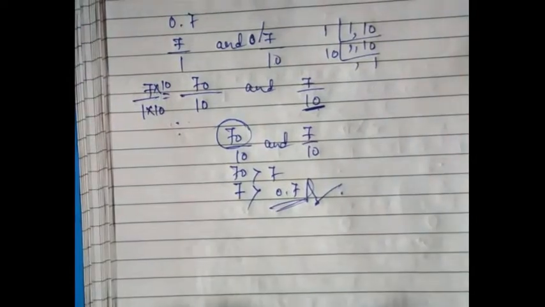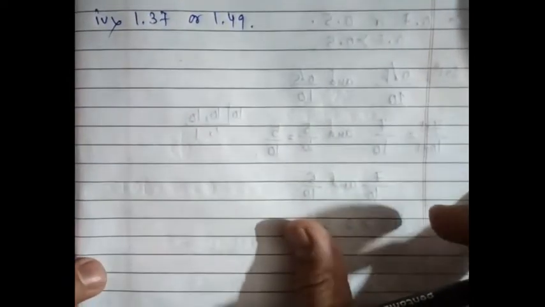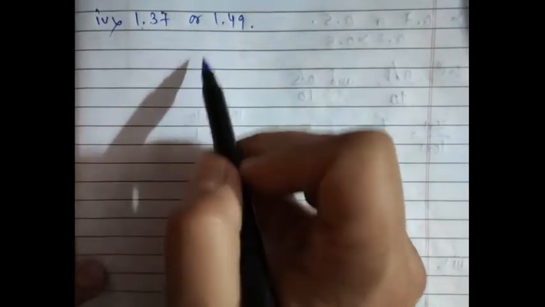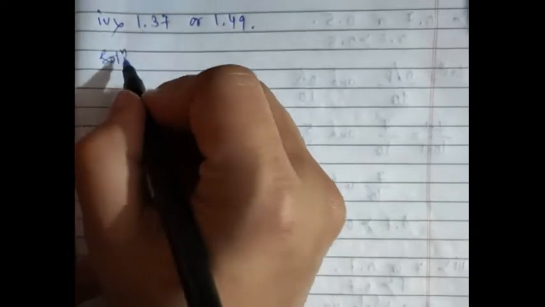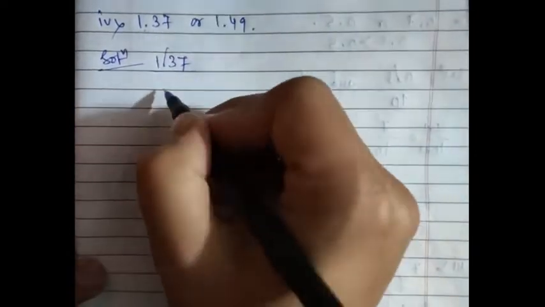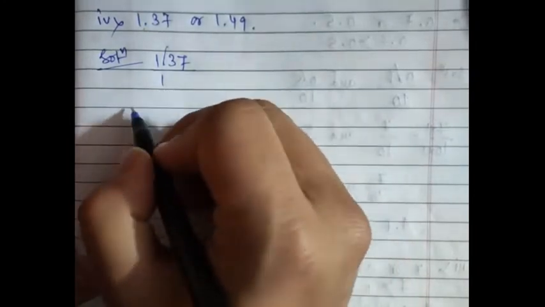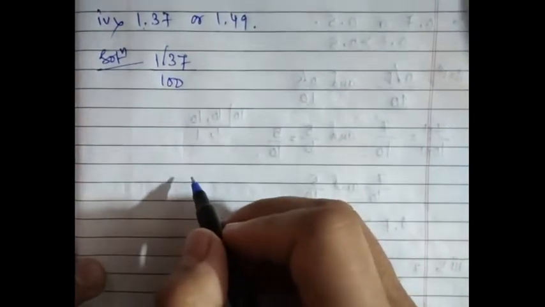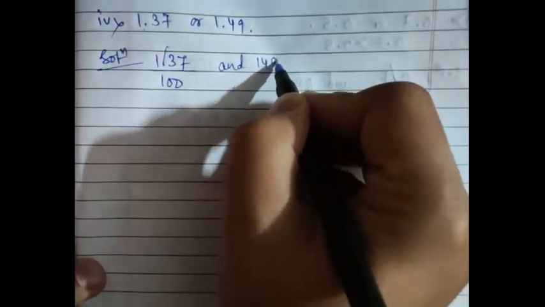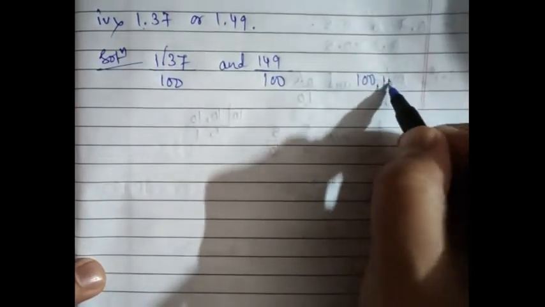Right, here we have the next question: which is the greater number between 1.37 or 1.49? A similar method we are going to use here. 1.37, whenever you remove this point and convert into fractional form, it will be 137 divided by 100, and over here 149 divided by 100. To find the LCM between 100 and 100, of course it is 100.